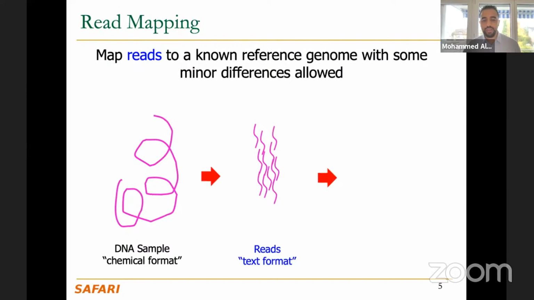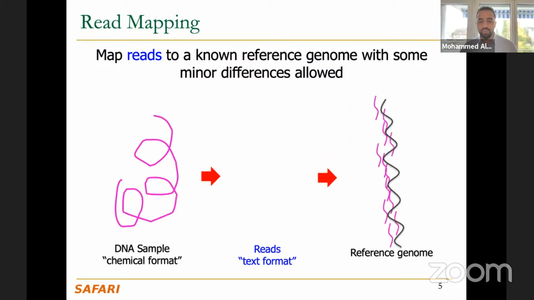These reads again have no information about their location or their order. For that, we need a reference genome. We try to map one read to the reference genome, finding the optimal location, and then we do the same thing for all other pieces until we hopefully get back our complete DNA. That's what we call read mapping.